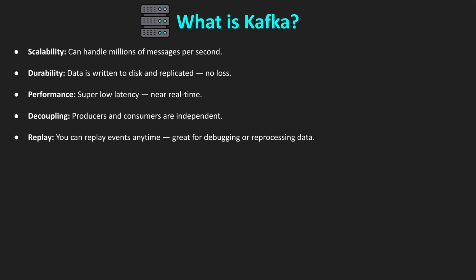The fourth is decoupling. Decoupling means that producing and consuming are two decoupled processes. A producer can produce messages to Kafka independently from the consumer. So we don't wait for the consumers to consume the messages and then produce. The consumer and the producer work independently.